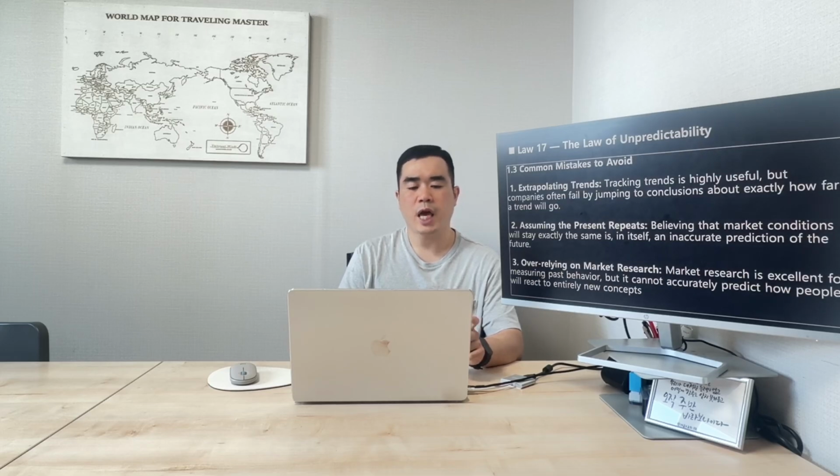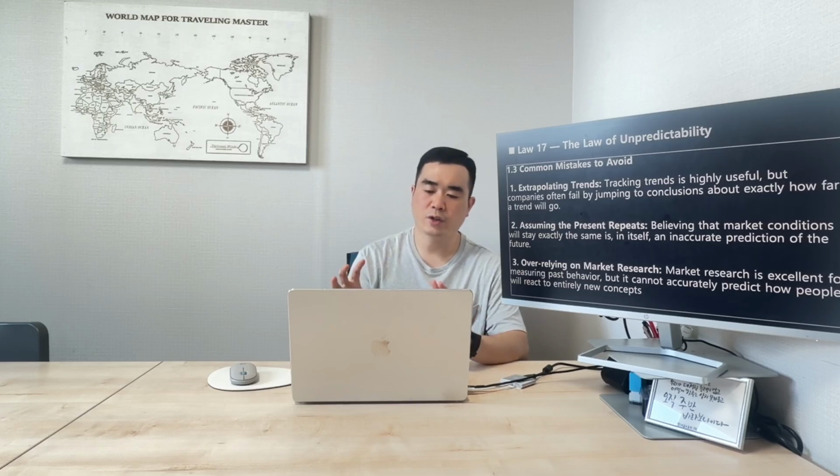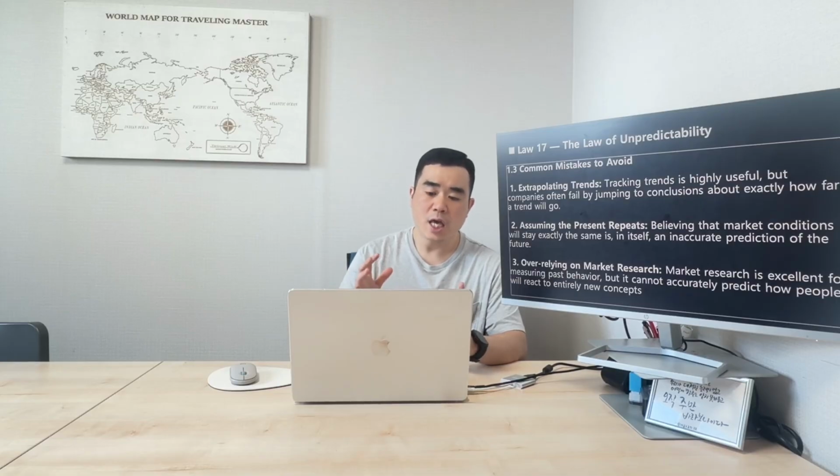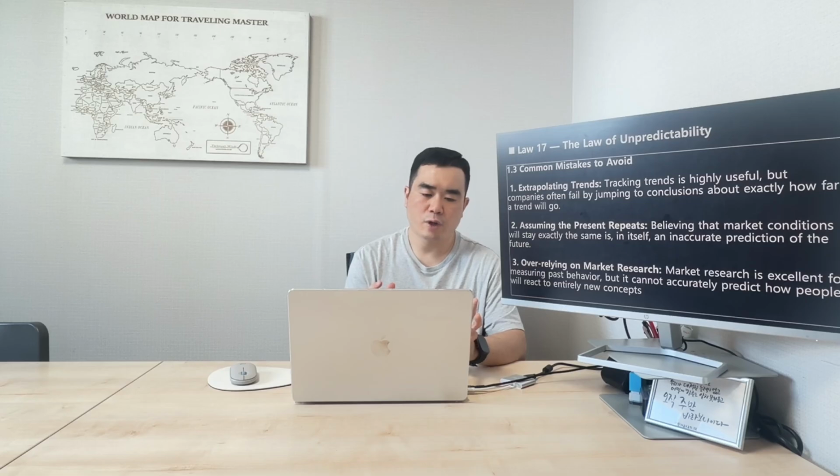Okay, the common mistakes to avoid. Many people and many companies make the mistake of trying to avoid unpredictability, but this is a mistake. Extrapolating a trend is highly useful, but companies often fail by jumping to conclusions about exactly how far a trend will go.